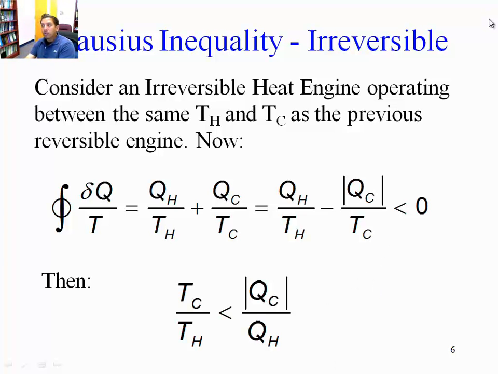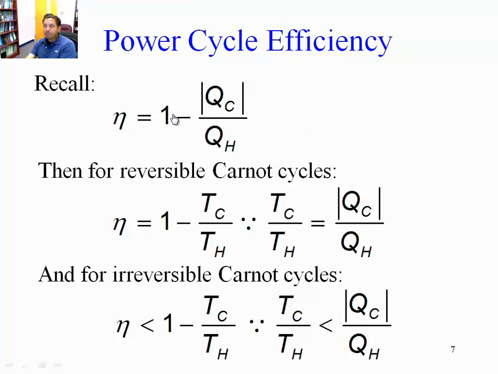So the conclusion is, knowing that the efficiency of a power cycle is equal to 1 minus Q out divided by Q in, which in this case is QC divided by QH, if this were applied to a reversible Carnot cycle, we know that QC over QH is equal to TC over TH, and therefore the efficiency of a reversible Carnot cycle is equal to 1 minus TC over TH.